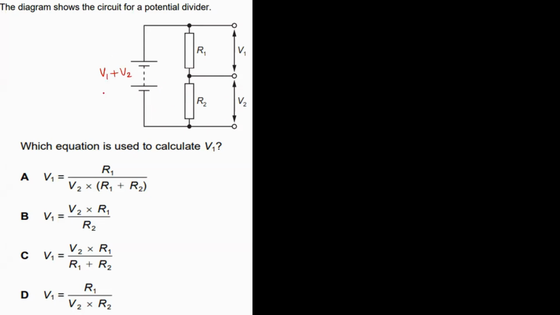The total resistance is equal to R1 plus R2, because both of them are in series. So the total current is equal to V1 plus V2 divided by R1 plus R2. Now, we have to find out the value of V1 in terms of V2, R1 and R2.